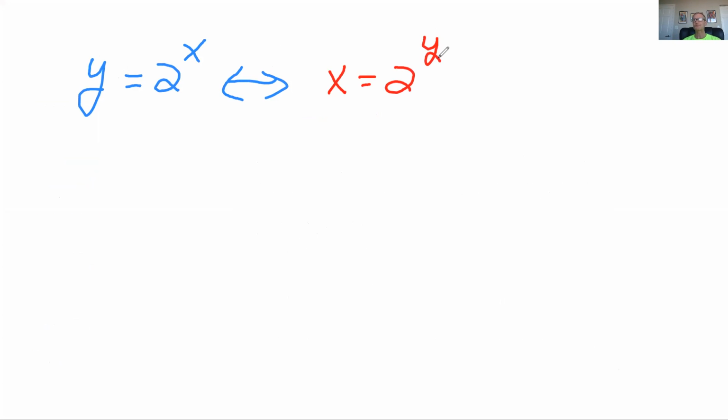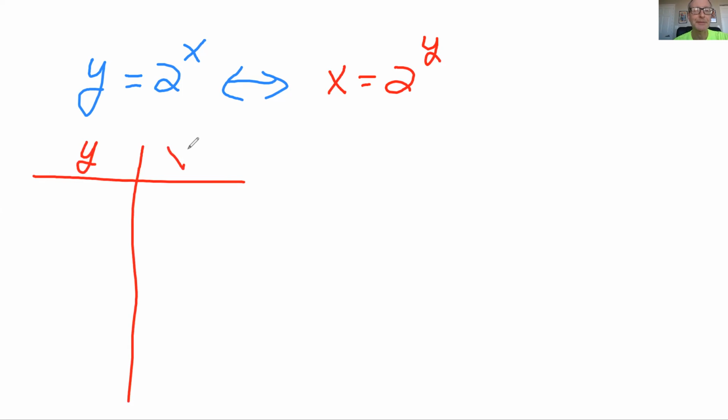And so with regards to a quick graph, you'll see that now if we do y here and x here, if y equals 0, 2 to the 0 power is 1, right? If y equals 1, x would be 2. If y equals 2, x will be 4. If y equals 3, x will be 8, and so on and so forth.